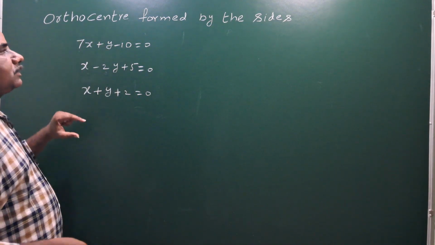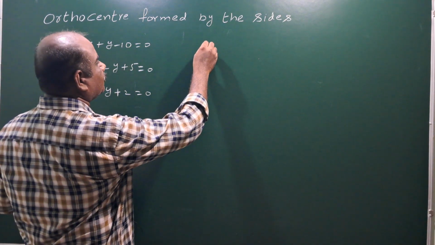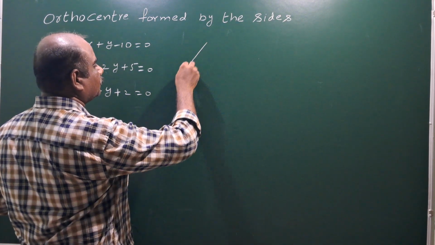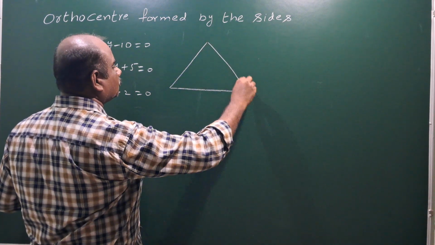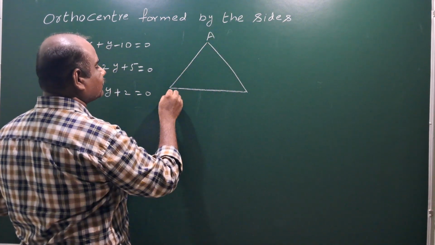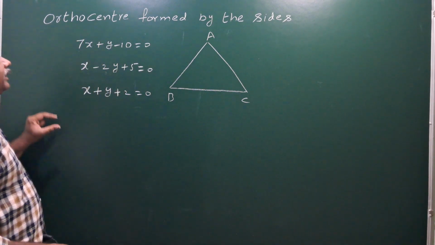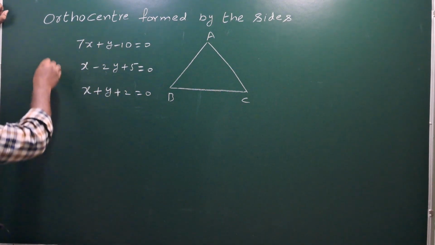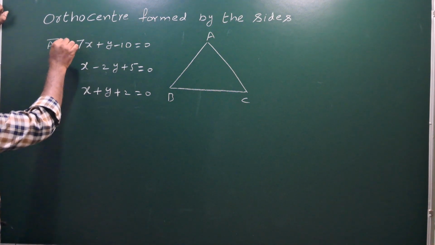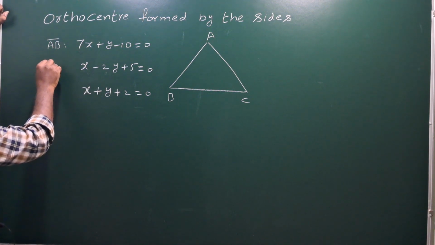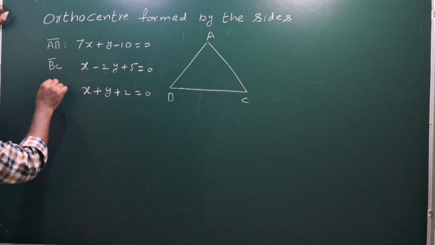So, orthocenter formed by the sides of a triangle. Let us draw a rough diagram of the triangle. Let us say this is triangle ABC. We treat these three equations as side AB, side BC, side CA.